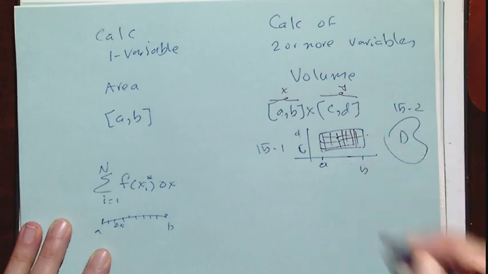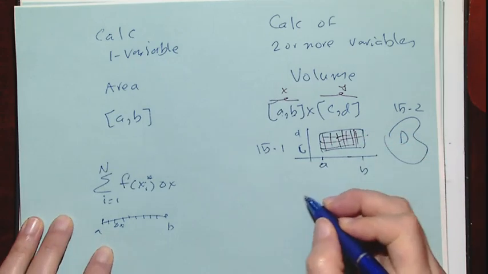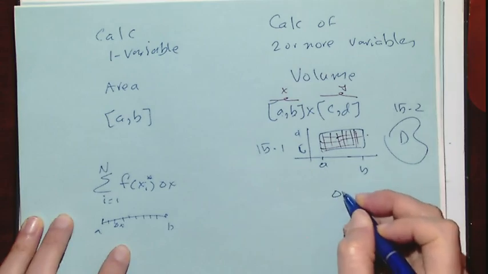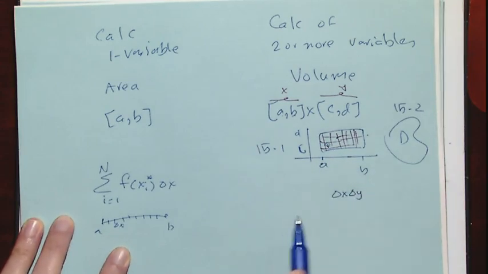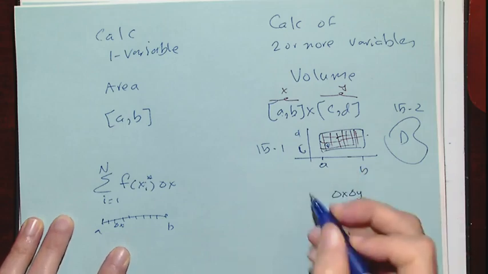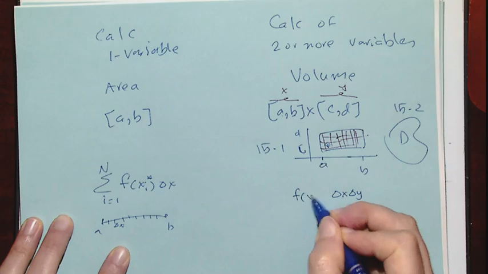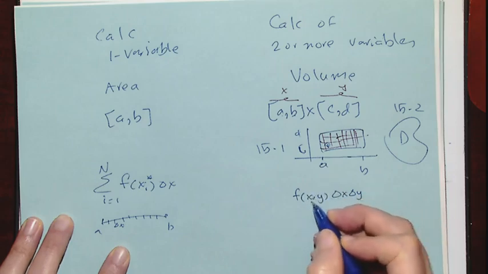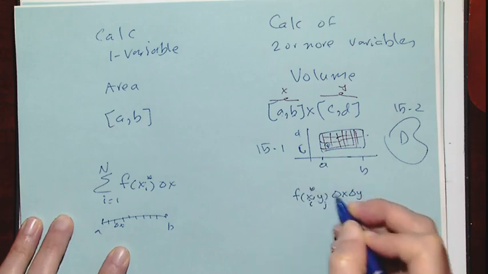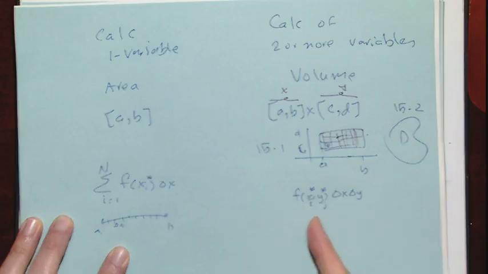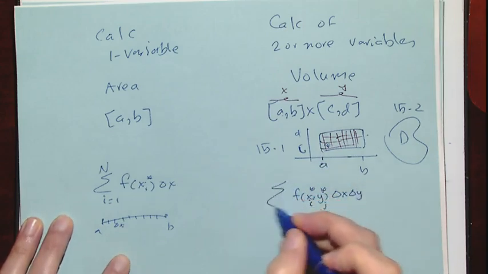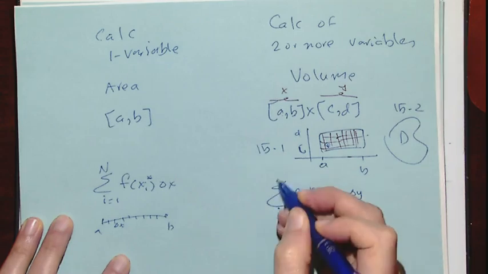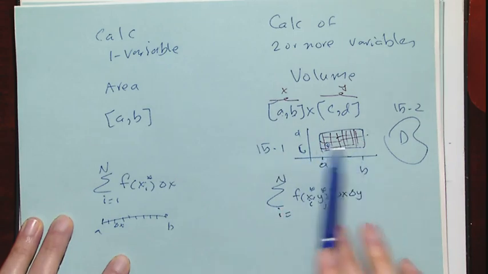Squares. So little squares, or little rectangles, right? So basically I will have delta x and delta y for each rectangle, the area of each rectangle. Then I have to have a height coming out of this, and that's f of x and y. But I know that I need this to be a chosen point. Well, how do I go? If I sum this over i, I'm just going on one line.